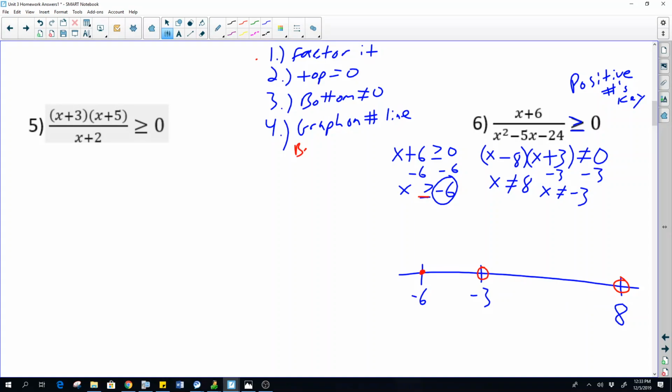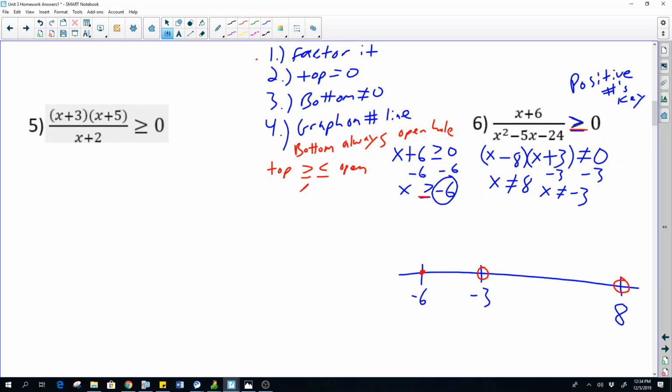The bottom will always be an open hole, because you can't have 0 in the bottom. And sometimes the top's an open hole, depending on equal to or not. If it's equal to, greater than or equal to or less than or equal to, then the top is a closed hole. Otherwise, if it's just greater than or less than, then it's an open hole.